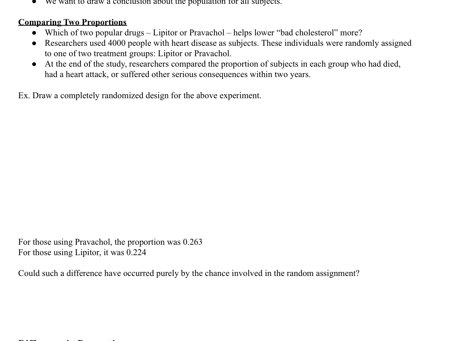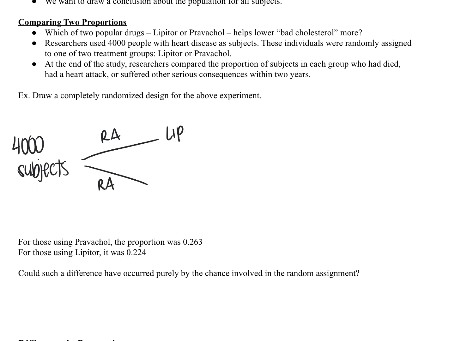So if we think back to when we were doing completely randomized designs, we start off with our 4,000 subjects. They are randomly assigned to one of two groups, Lipitor or Pravachol.